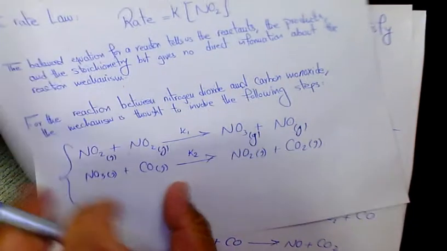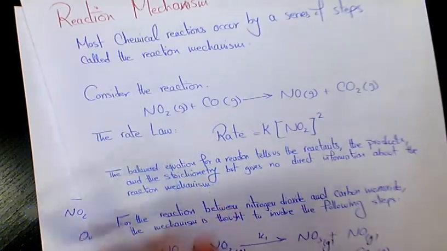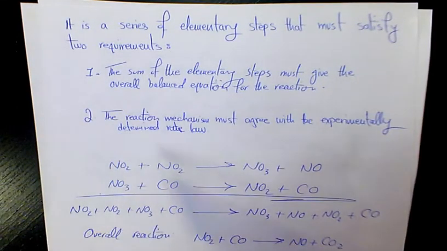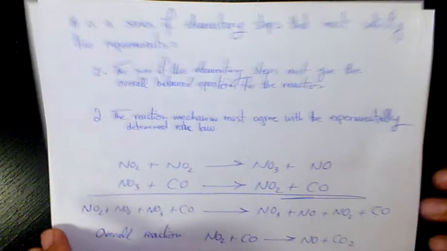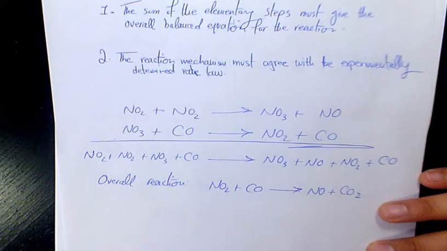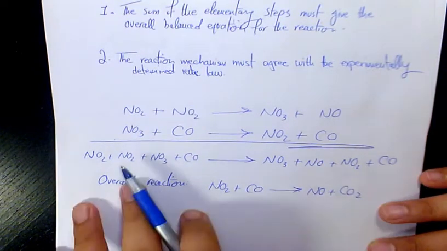So it means that these two elementary steps must result in the overall balanced reaction. Second, the reaction mechanism must agree with the experimentally determined rate law. I will explain it later on, because you need to know the concept of the rate determining step.